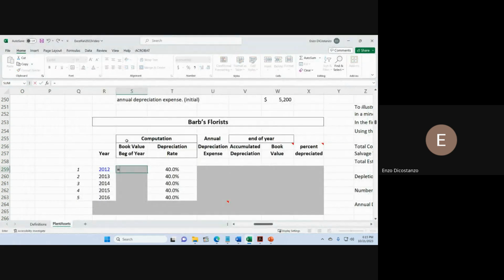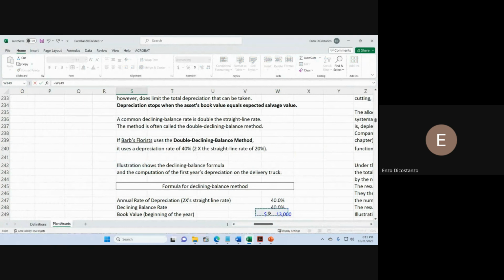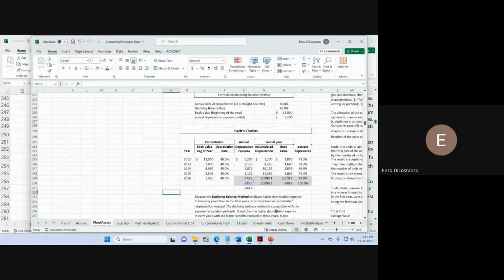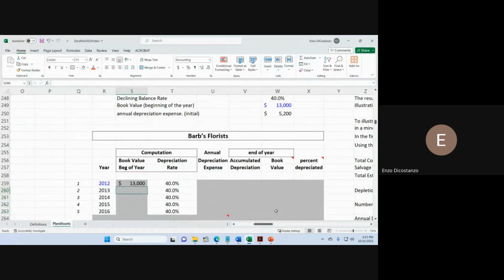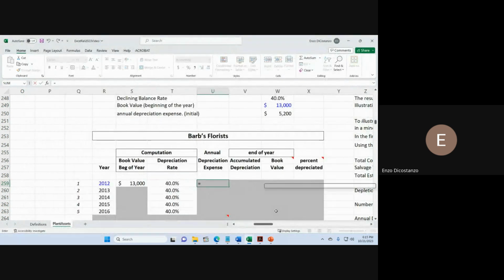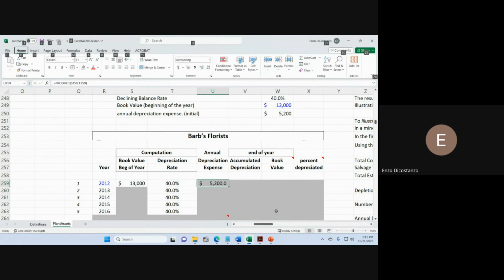And this is going to be equal to, that's your 13,000. That's going to change a bunch of times. Okay, so your annual depreciation expense equals the product of the 40% times the 13,000.